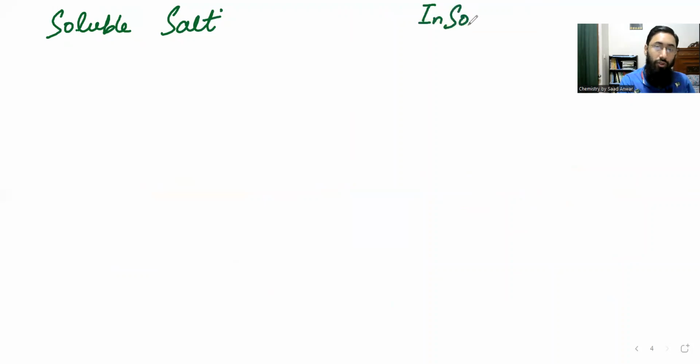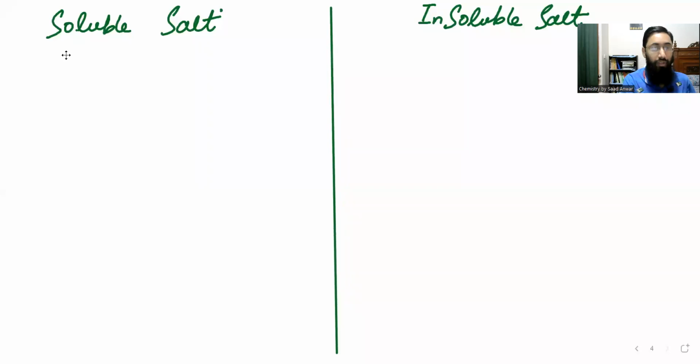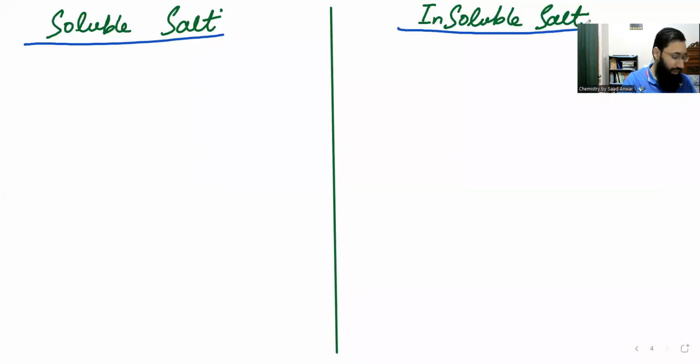Here I am going to write soluble salts here, insoluble salts here, and here a central line. This is soluble salt, this is insoluble salt. So the majority of carbonates are insoluble.